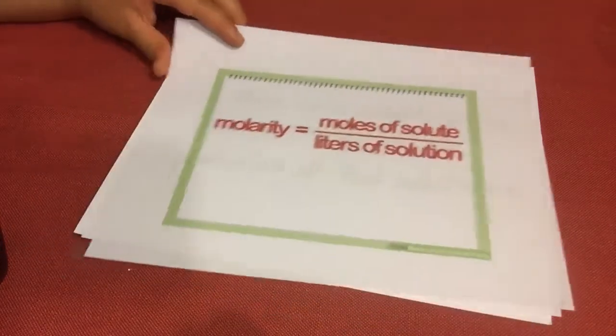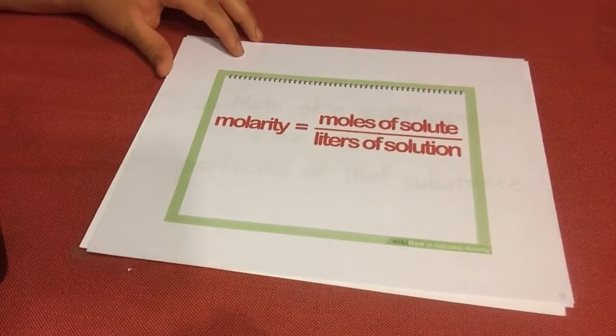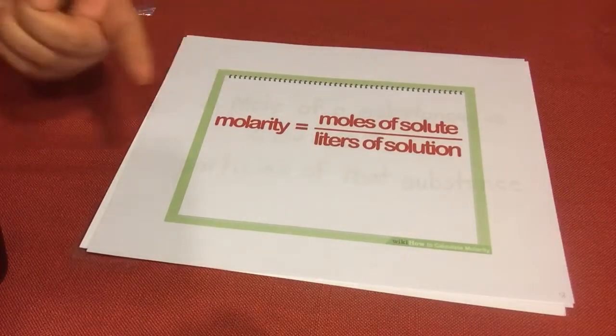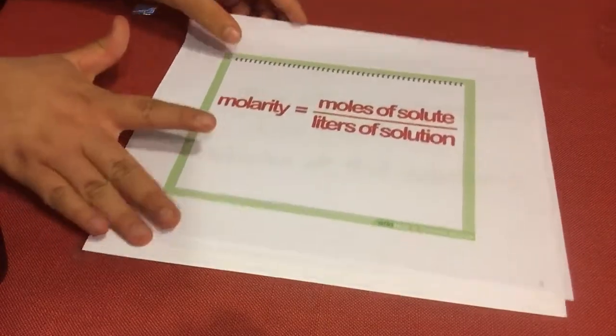So here is the mathematical expression. The molarity of a solution is the number of moles divided by the liters of solution. And now I'd like to show you an example written out in the real world.